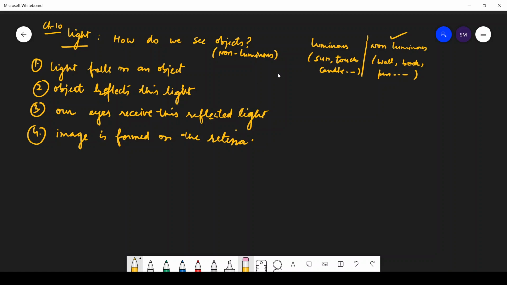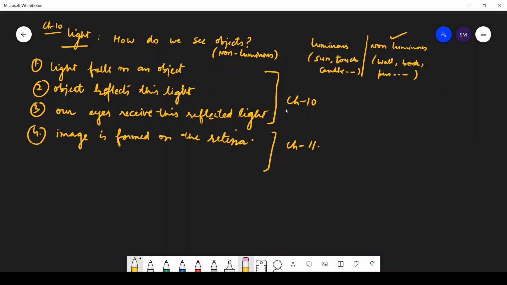So where is it written in the book? This thing is written in the first paragraph of chapter number 10 in your NCERT, and the further information that I have told you is in chapter 11, the next chapter, starting from the last few lines of the first page and then continued on the second page.